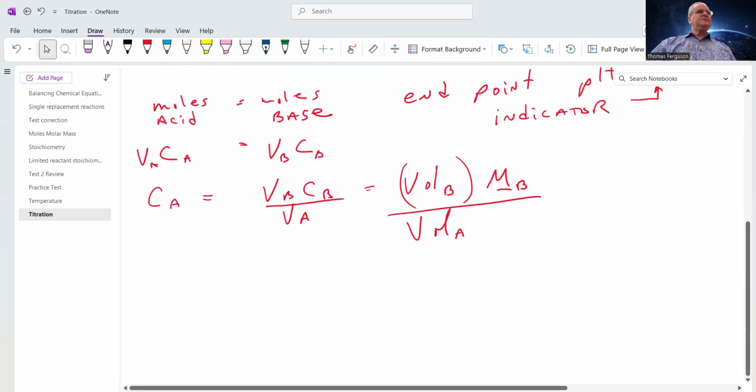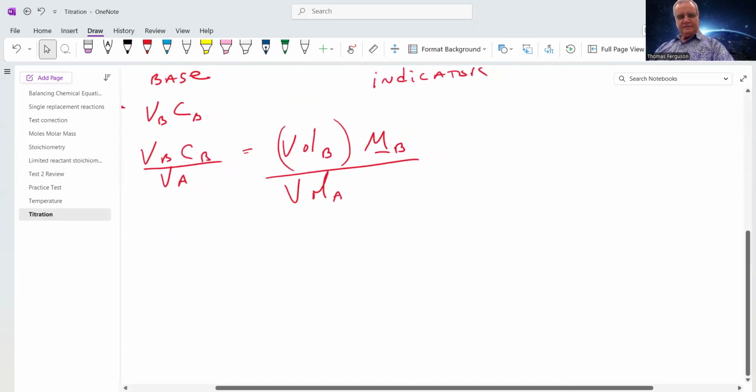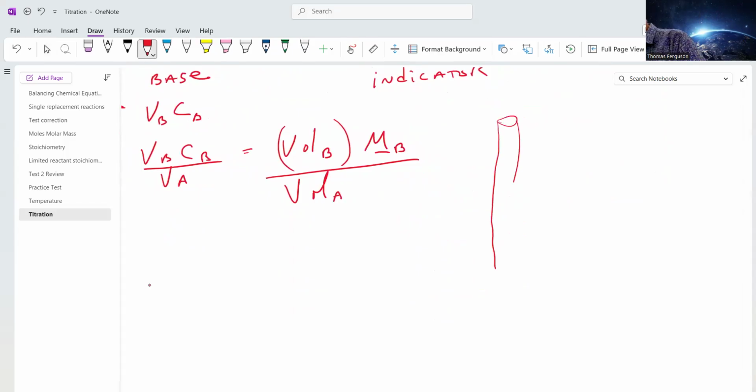So for volume, we're going to be using something called a burette. And a burette is kind of a cool piece of glassware. It's this long, about that wide, and it's graduated in milliliters.